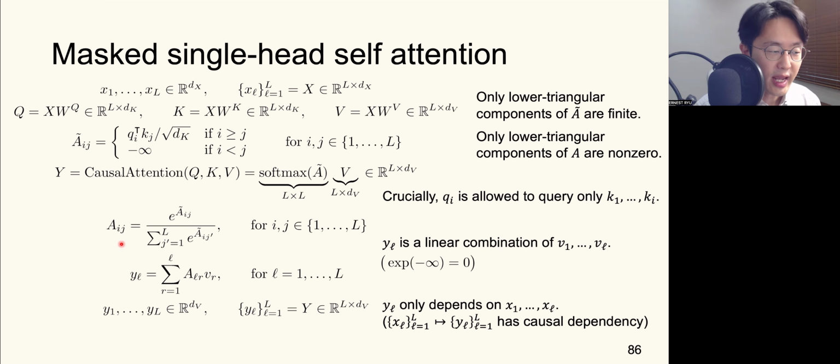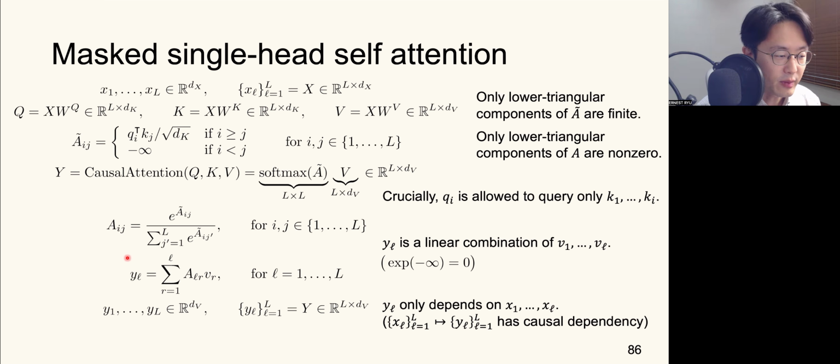So the matrix A becomes a lower triangular matrix. Only the lower triangular components of A can be non-zero. Actually, the lower triangular components of A are all strictly positive, and the elements above the diagonal of the matrix A are all equal to 0.